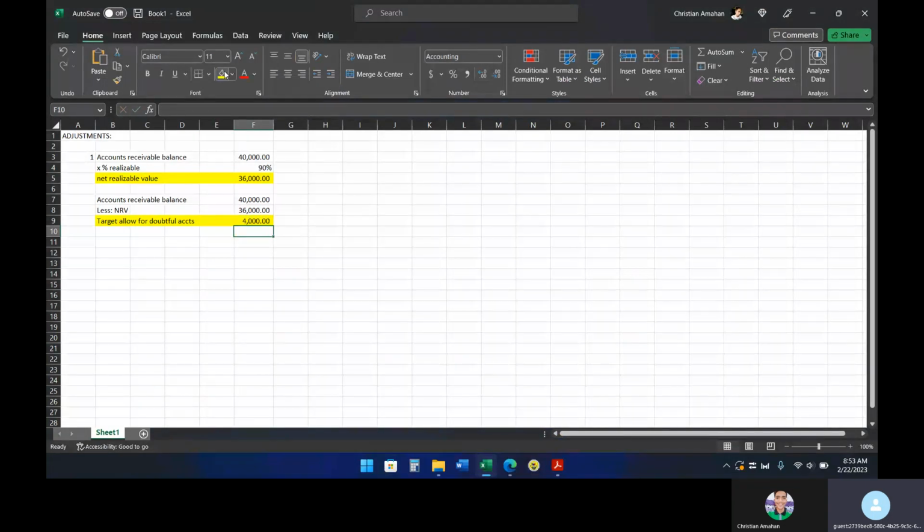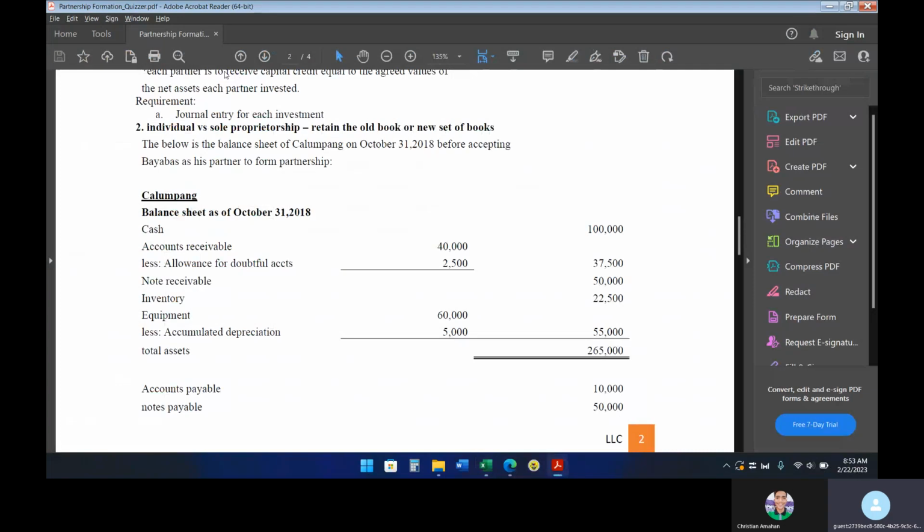So our target allowance for doubtful accounts is 4,000 pesos. Pero as of the date of their formation, ang balance ay ang allowance for doubtful accounts is only 2,500.